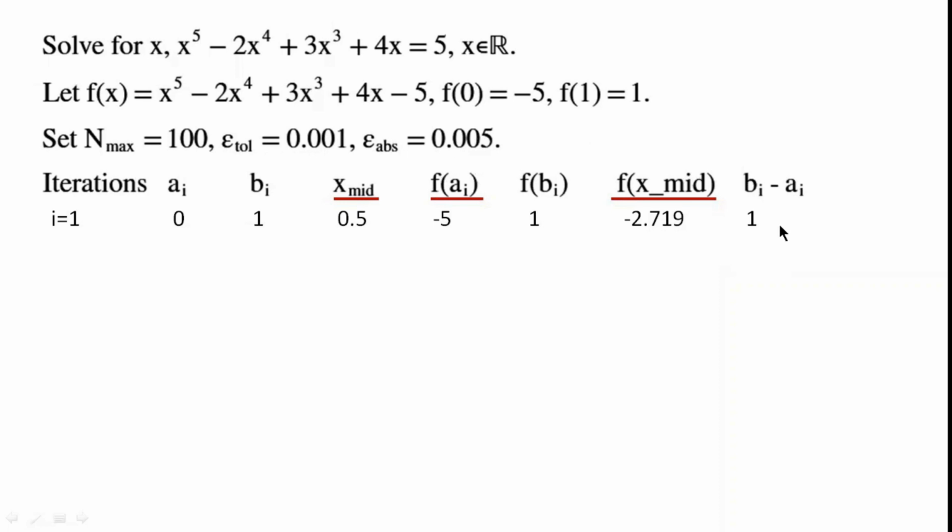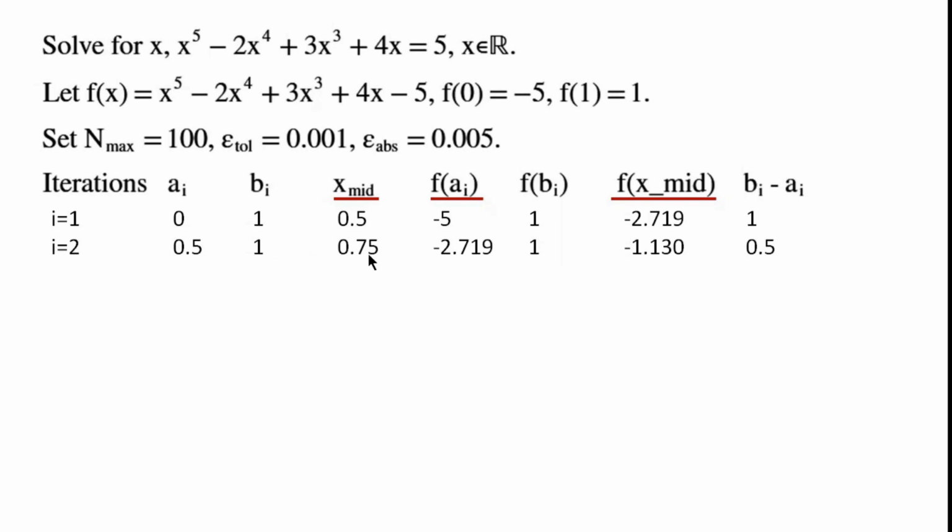We can see that f of ai and f of x mid have the same sign, so the root must be in the interval x mid and bi. So when i equals 2, we set ai to be equal to 0.5. We set bi to be equal to 1.